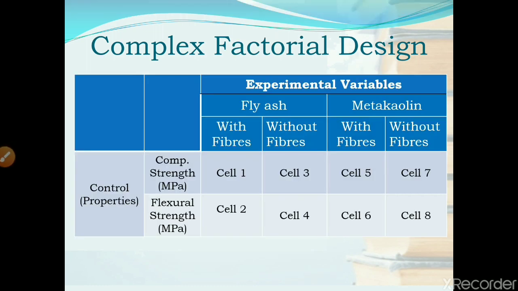So here you will see that from this complex problem we can infer the results for simple factorial designs also. Now here it is possible to determine the main effects for 3 variables, that is 1 experimental and 2 control variables.